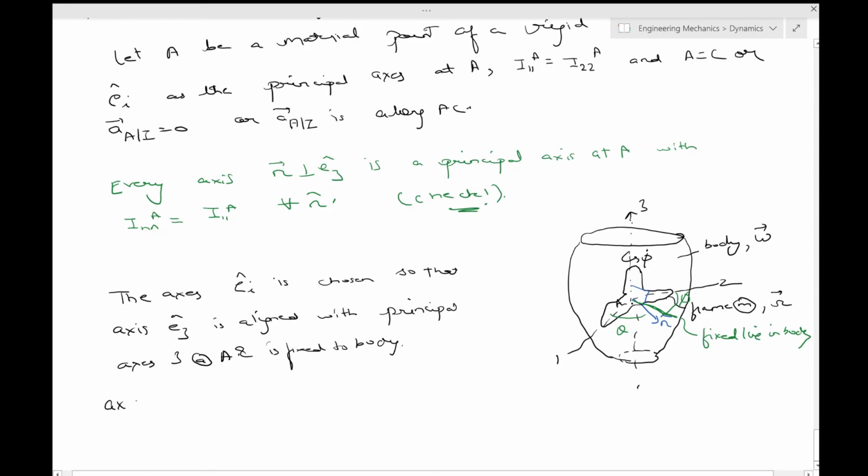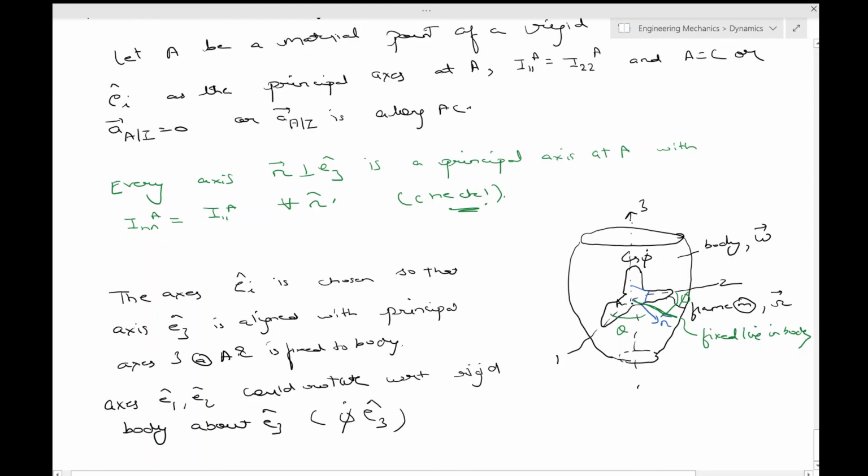The axes E1, E2 could rotate with respect to the rigid body about E3. I think the figure itself shows the rotation of this, and the rate at which it does is phi dot E3. Okay, that is already shown in the figure.